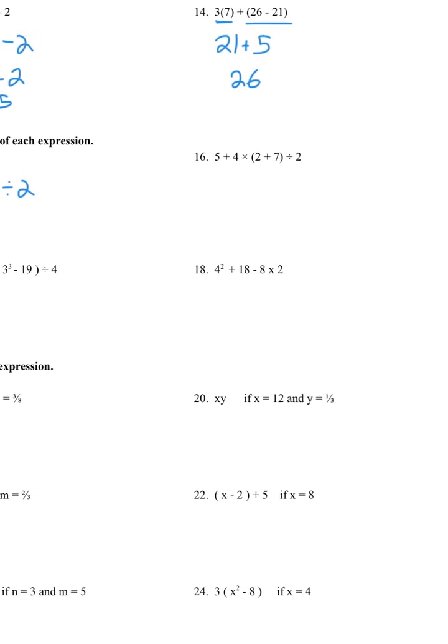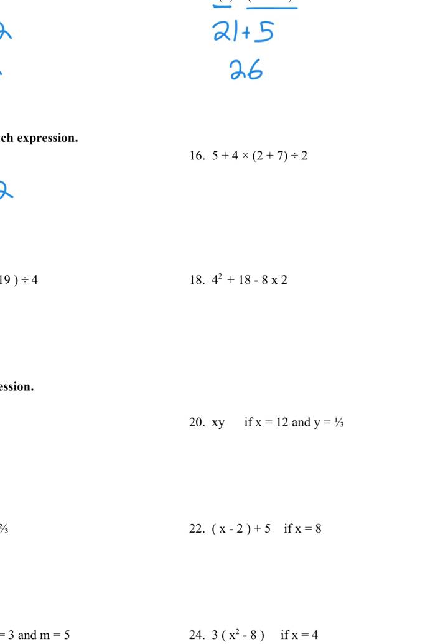Number 16, 5 plus 4 times the quantity of 2 plus 7 divided by 2. We'll take a look at our parentheses first here. 2 plus 7 is going to be 9. Then we can carry the rest down. 5 plus 4 times 9 divided by 2. So we're going to work left to right with our multiplication and division.